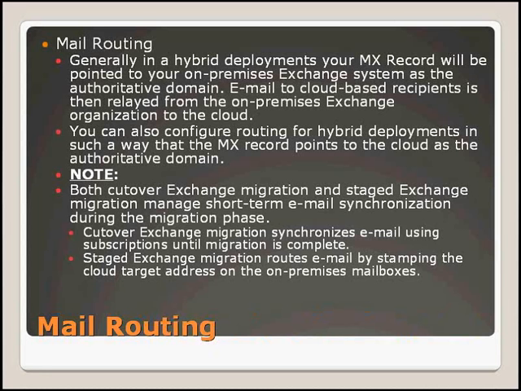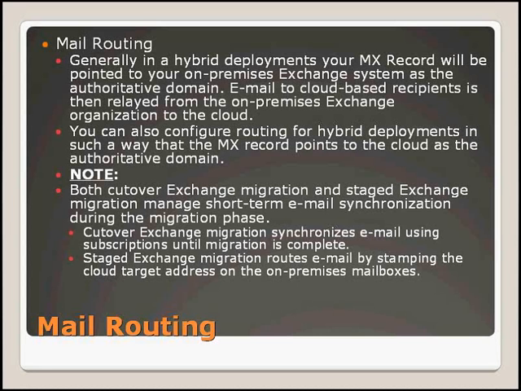Does this make sense? You're still going to have the mail routing in place. The very first thing you should understand is how the mail routing happens. It can be through your on-premises and relayed through to cloud. And what happens to the mail routing when you're migrating? It's still sync. During a staged migration, you're going to use a target address, which is stamped on your on-premises mailbox so that the emails are still forwarded to cloud while the migration is happening.